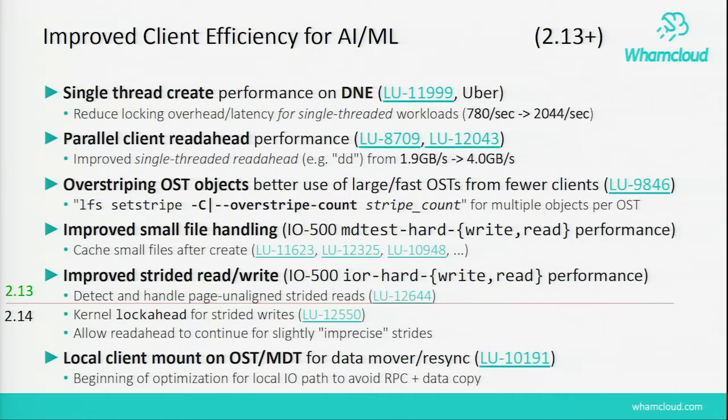While on the one hand, optimizing for a benchmark is not always good, the IO500 benchmark is actually, I think, quite a good one because it not only has an easy component that shows you the best the system can do, it also has a hard component that shows you the worst that the file system can do, and it's a very difficult workload.